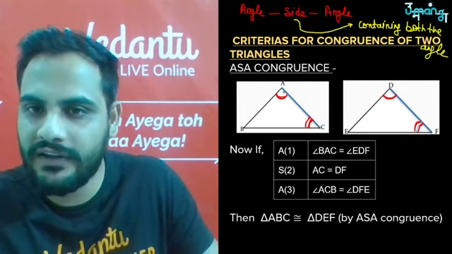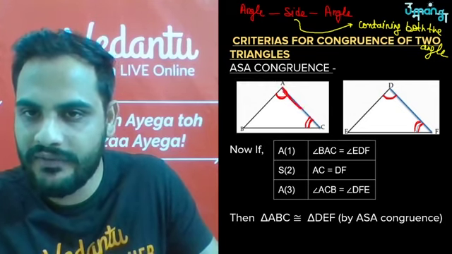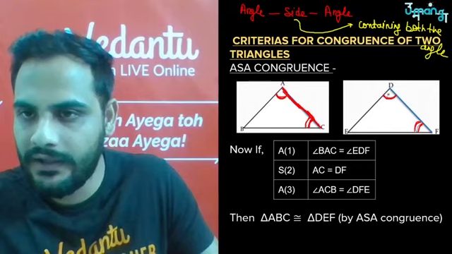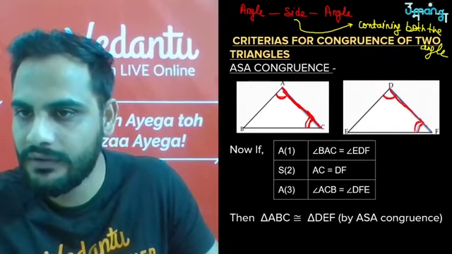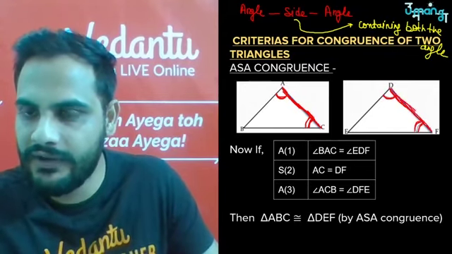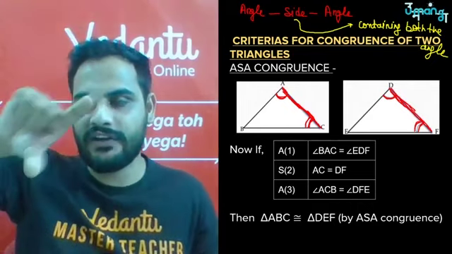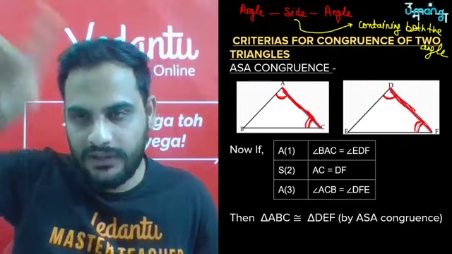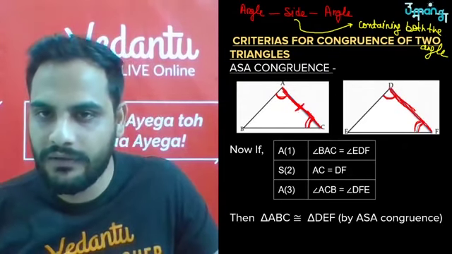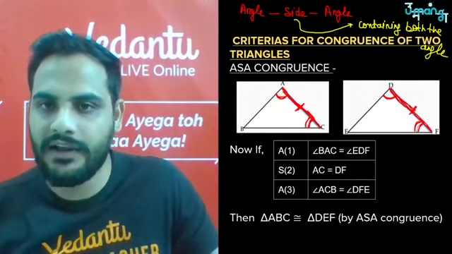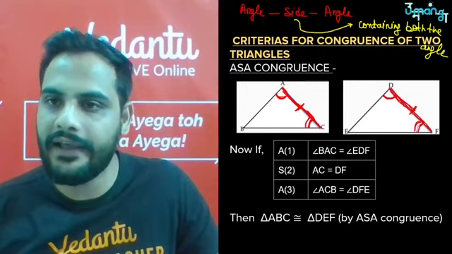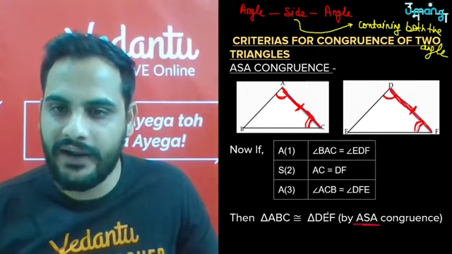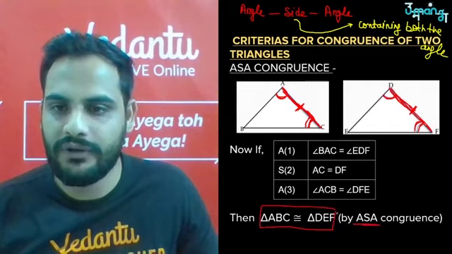Now both these angles are present on AC and these two angles are present on DF. If this is true, that means the two angles which are equal have a side containing both, and these two sides are also equal. So this criteria is called angle side angle. By the angle side angle criteria, they both will be congruent.